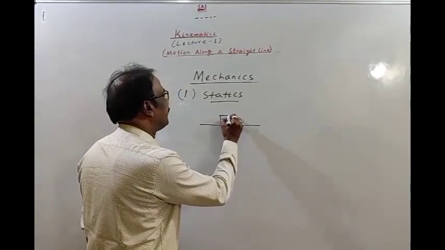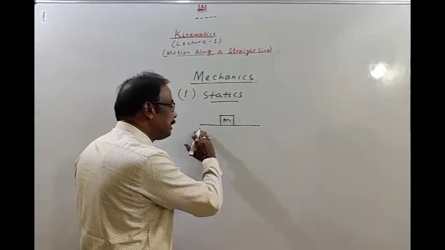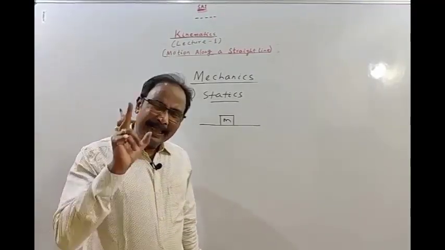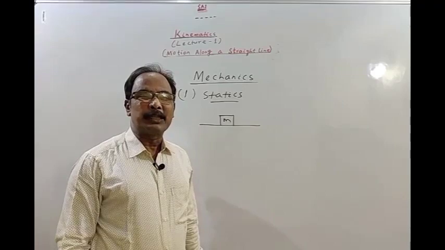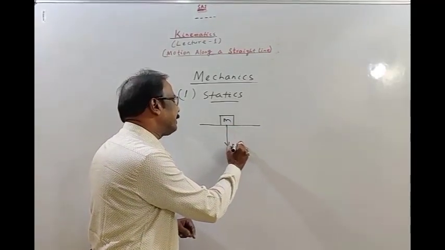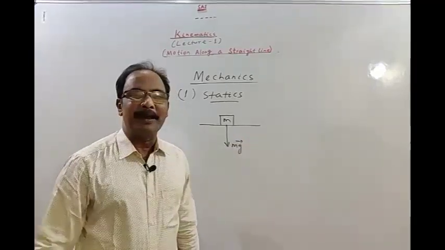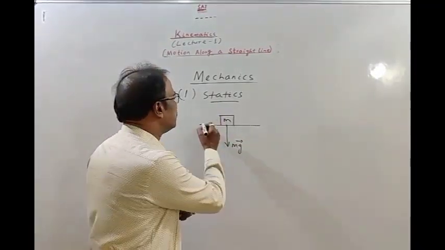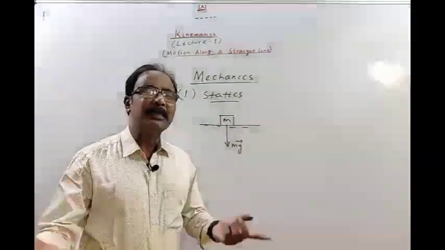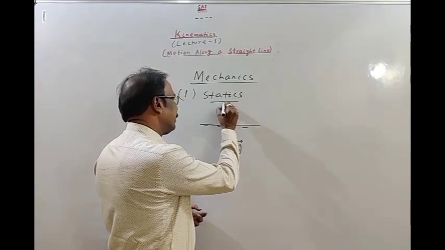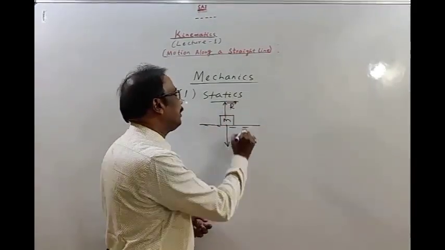Suppose a body of mass m is resting on a surface. In this case, the body exerts force on the surface due to its weight. Weight is mass times acceleration due to gravity. So due to its weight, it exerts a force on this surface, and obviously the surface gives a reaction that's called the normal reaction.